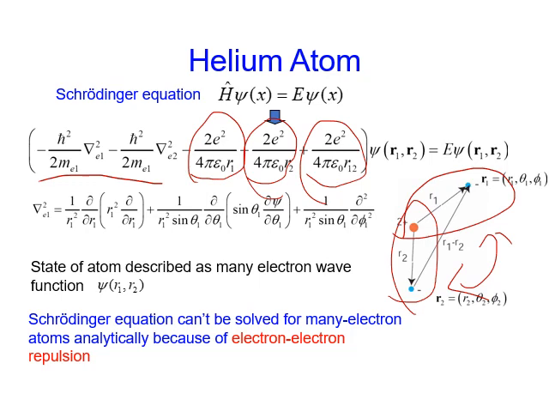It is because of this repulsion force that this Schrödinger equation is difficult to solve analytically, and therefore approximations must be made, which will be explained in the next few slides.